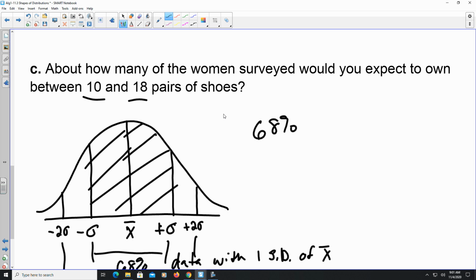So you can take the number of women in the survey, which was 40, and multiply it by 0.68 because you represent it as a decimal. 40 times 0.68 is about 27. So about 27 women will have owned between 10 and 18 pairs of shoes.